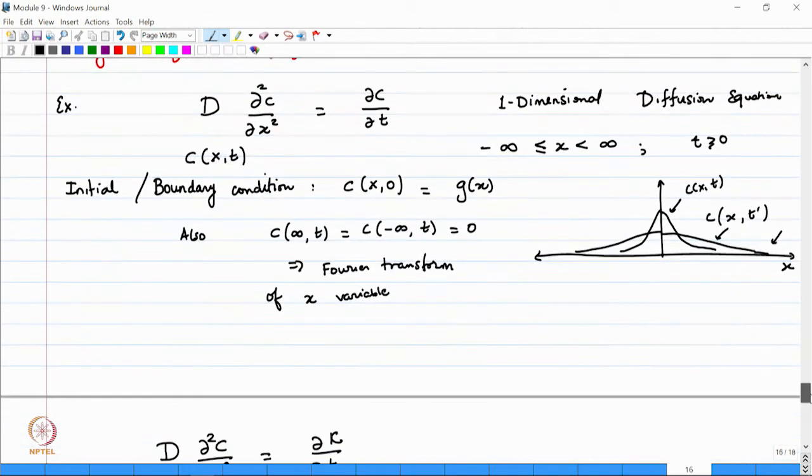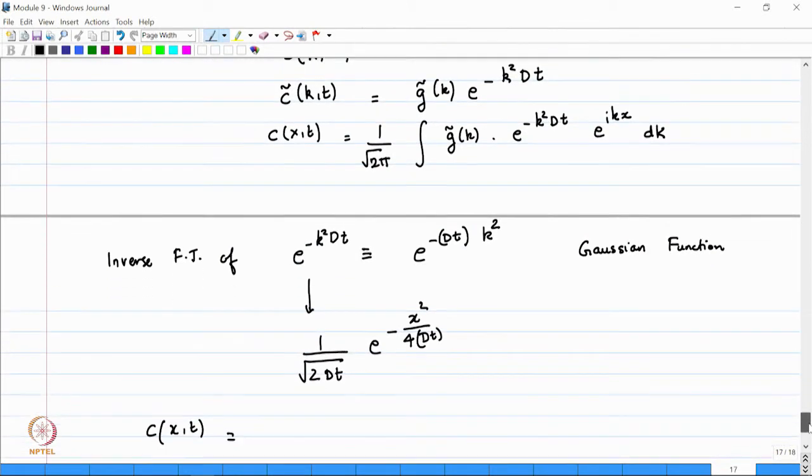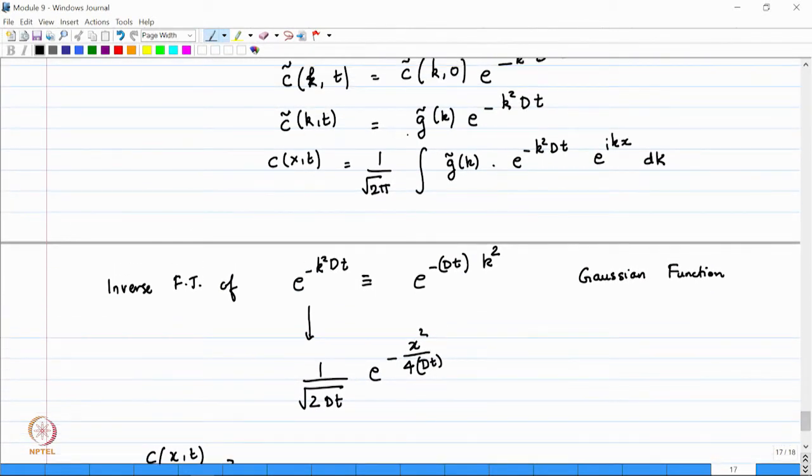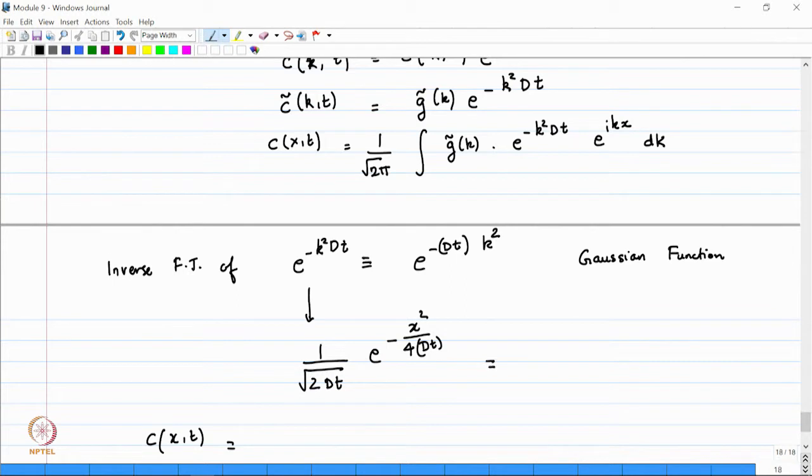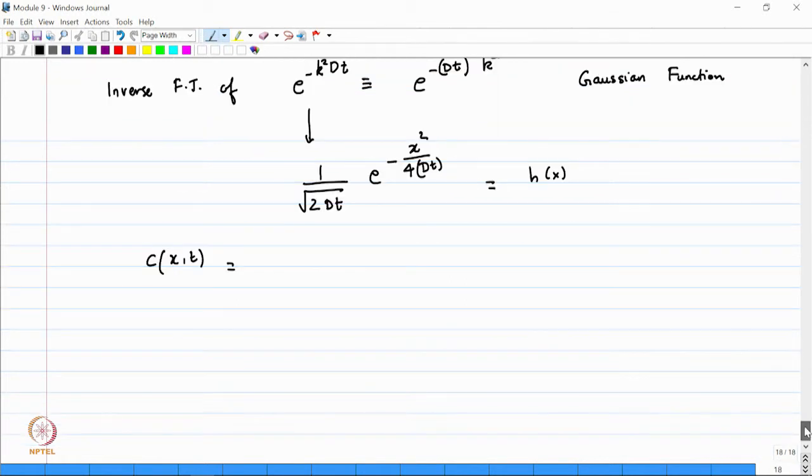So, if I take this product that we had, c tilde of k, t was a product of g tilde of k and e to the minus k² d t. So, we have the inverse Fourier transform of this. Let me call this h of x.